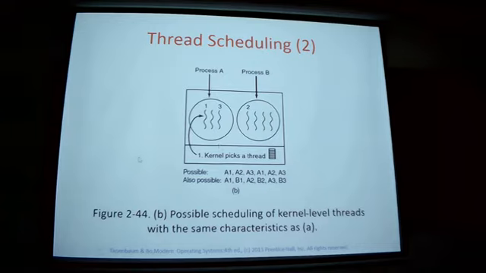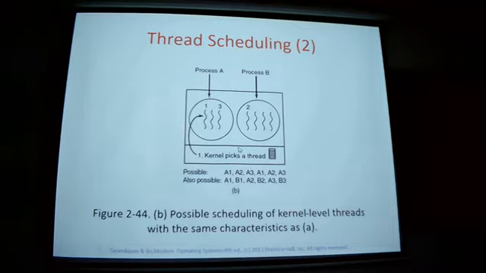On the contrary, if run in kernel mode, the operating system sees and knows threads. So the operating system can manage the thread. So the kernel picks a thread instead of a process.